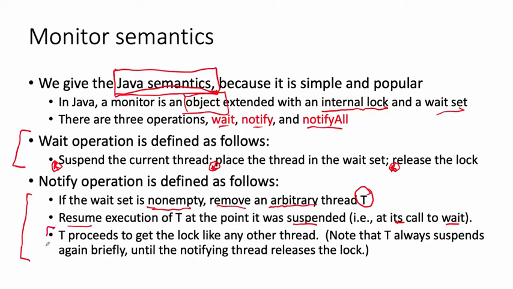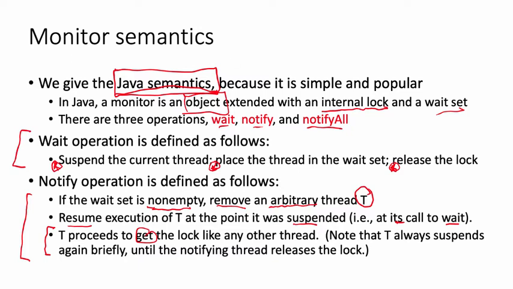And then this woken thread tries to get the lock. So it does not have the lock when it's woken up. It's outside of the lock. It tries to get the lock just like any other thread. If there's another thread in the lock, then it just waits. Okay, so that's the semantics of a monitor.